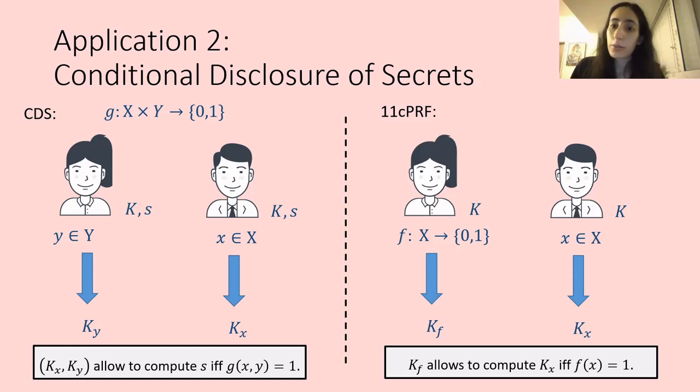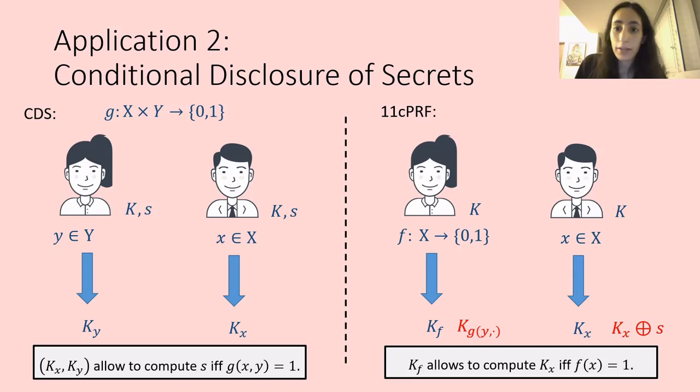So given this 1-1 constraint PRF, here is a very natural way to get CDS. So we want to use the pseudo-randomness of K sub x in order to hide the value S. So what Bob would do is that after computing K sub x, he would XOR it with the secret S, and that's the value that he would output in the CDS.